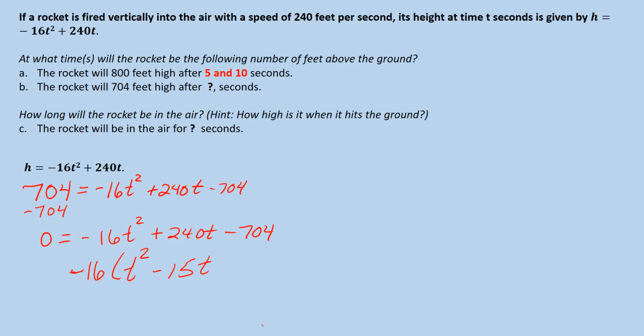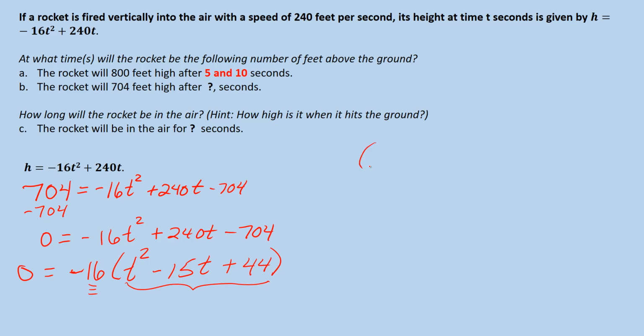And now negative 704 divided by negative 16 is going to give me a positive 44. As before, I'm going to focus on the trinomial in order to calculate the answers. Since this number out front does not have a variable, it does not come into play.